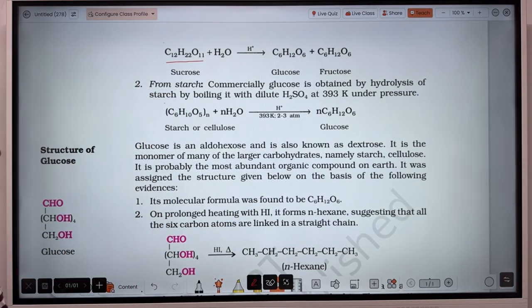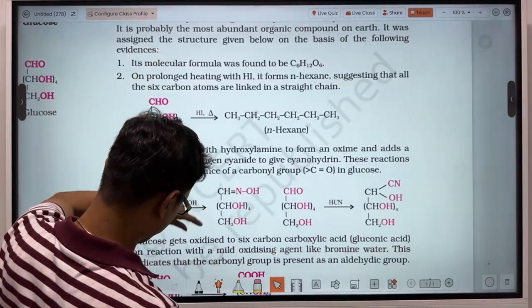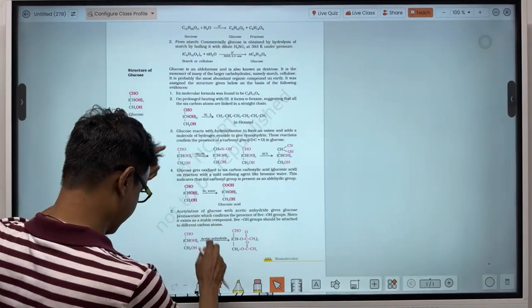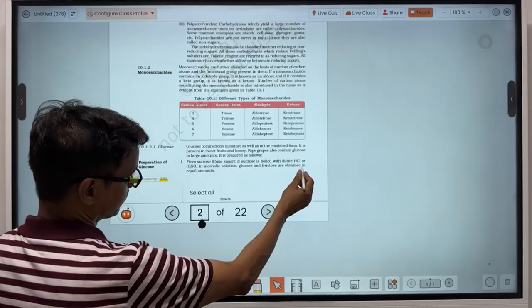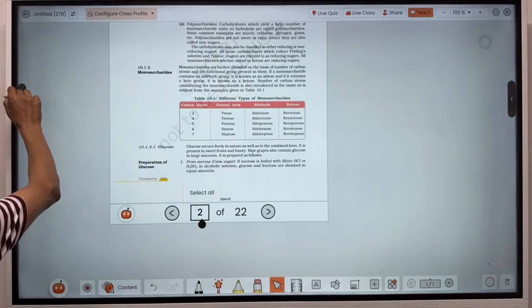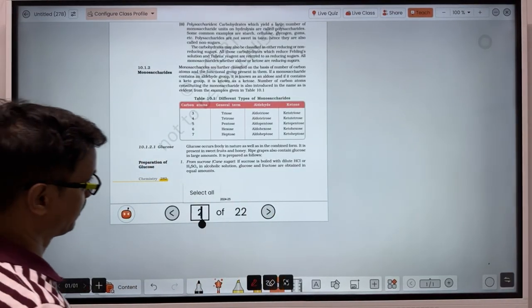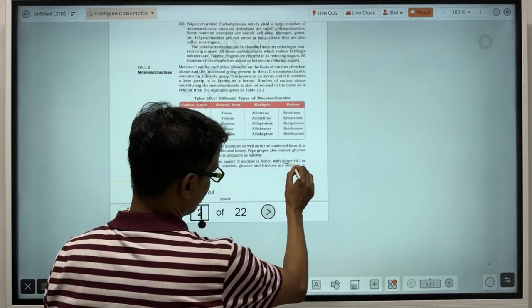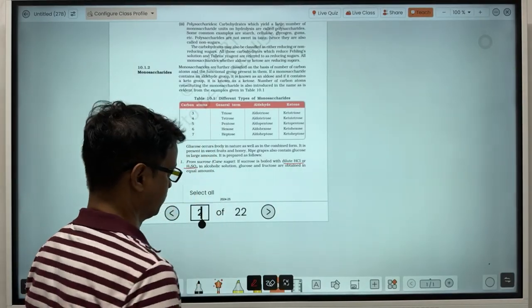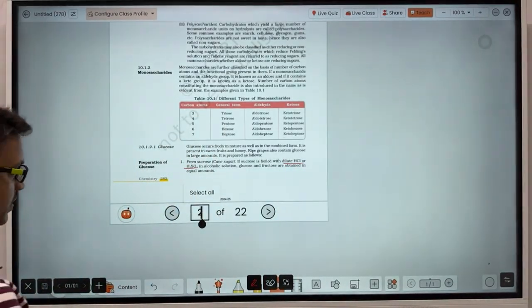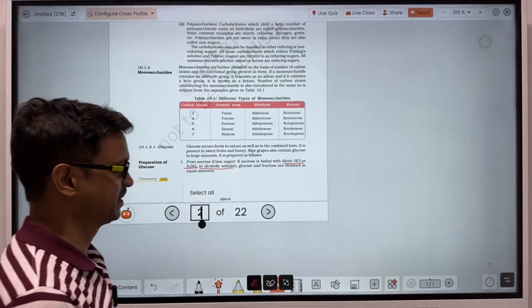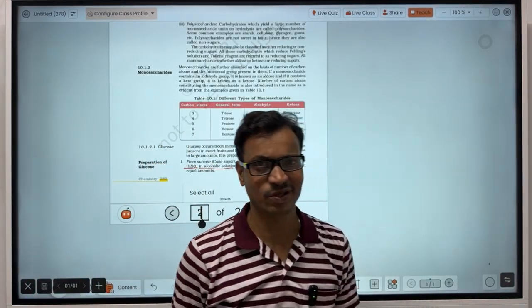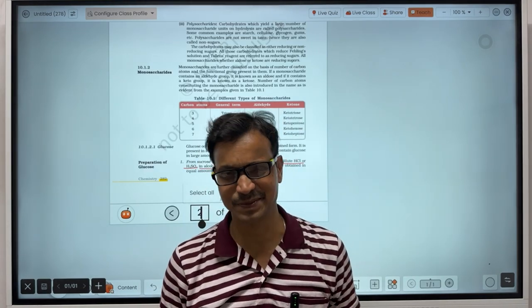Let's see what is written in the comment box here. During the hydrolysis we have to add a small amount of HCl or H2SO4 in alcoholic solution. Keep in mind that water will also be there.